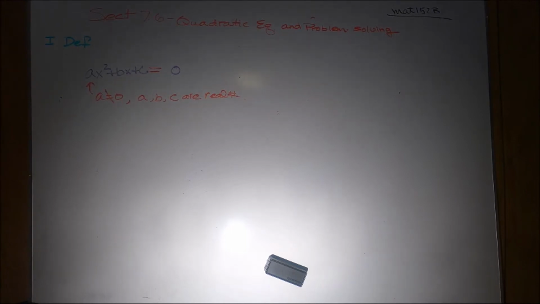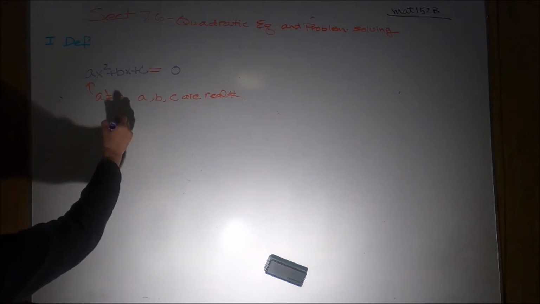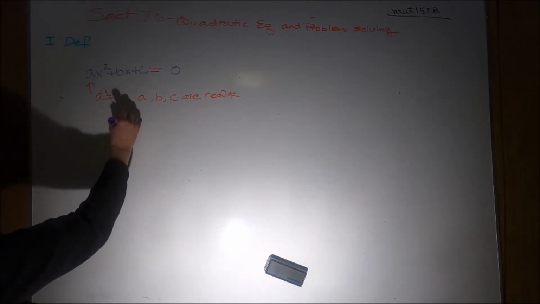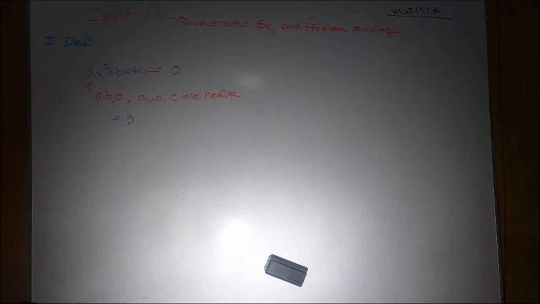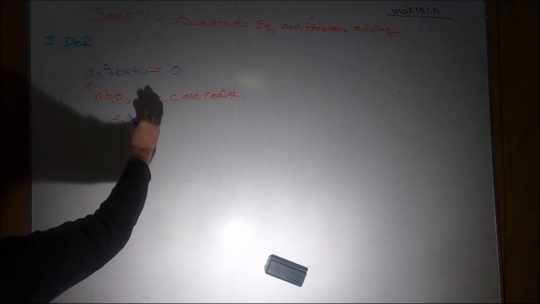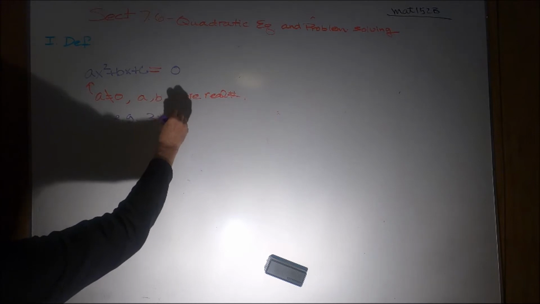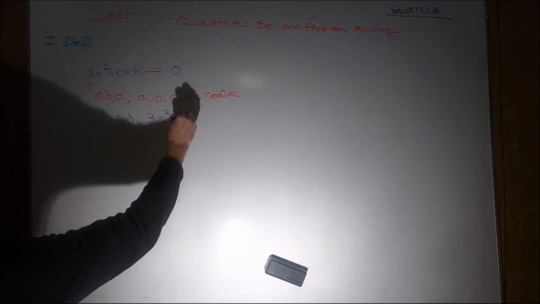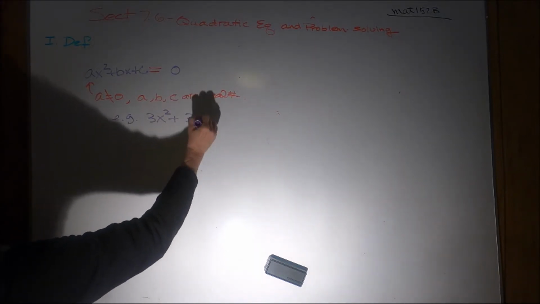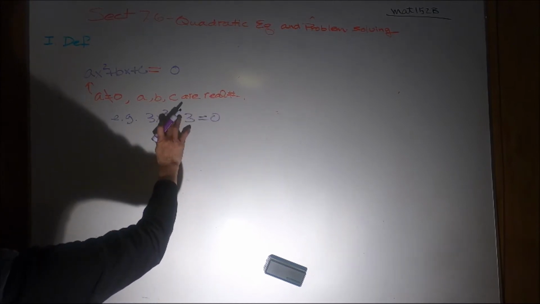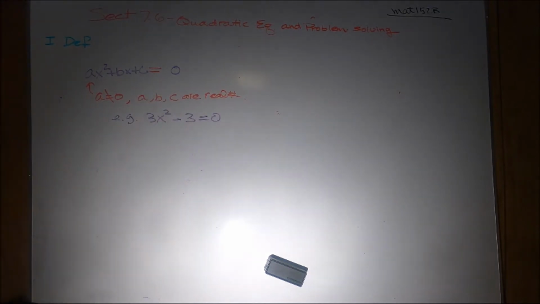Take a look. Can b be 0? If b is 0, what do you have? For example, say 3x squared minus 3 equals 0.